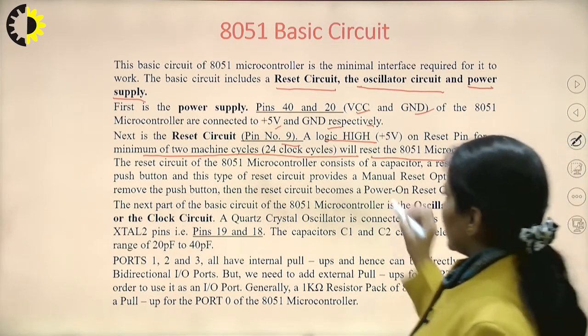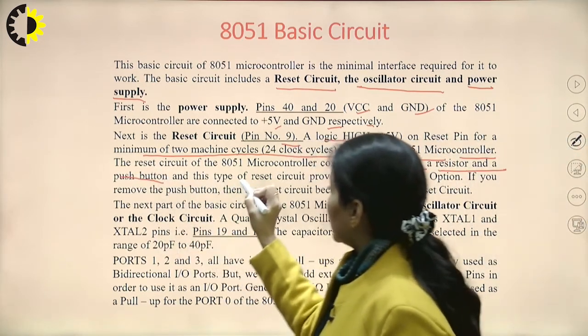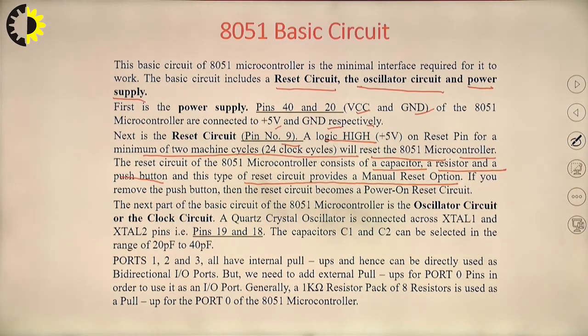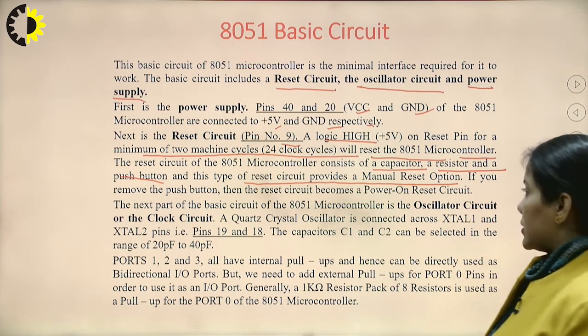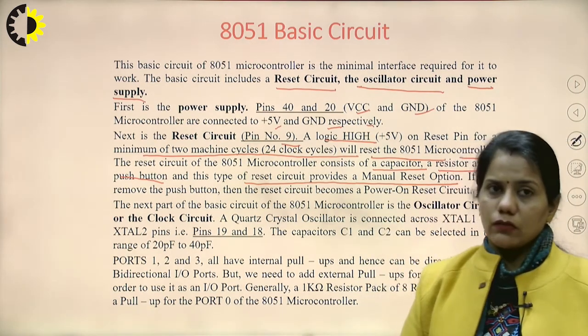The reset circuit consists of a capacitor, a resistor, and a push button, and this type of reset circuit provides a manual reset option. If you remove the push button, then the reset circuit becomes a power-on reset circuit. That is, as soon as the power is on, the reset will be done.